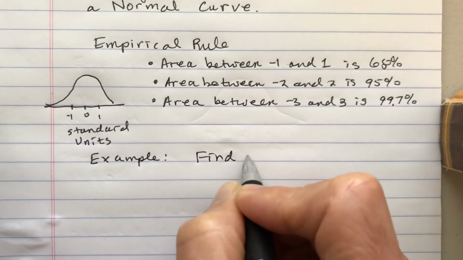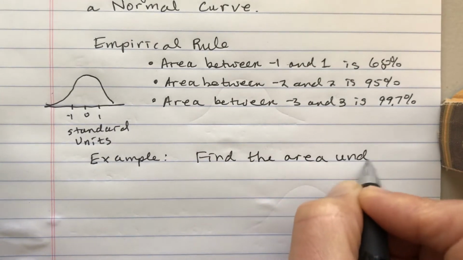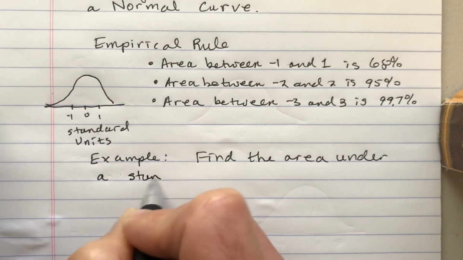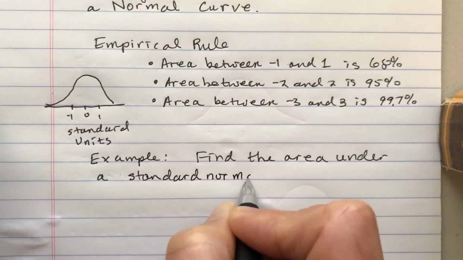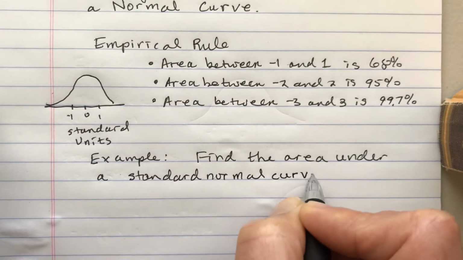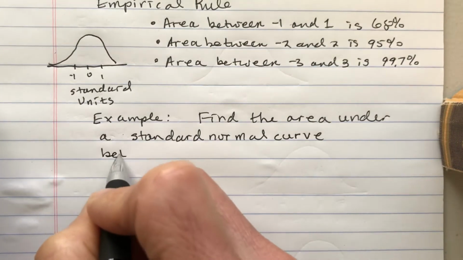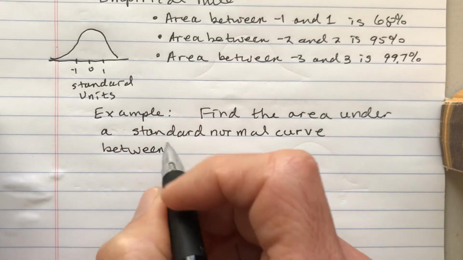Find the area under a standard normal curve. And when I say standard, that means I'm using standard units, between 0 and 2.